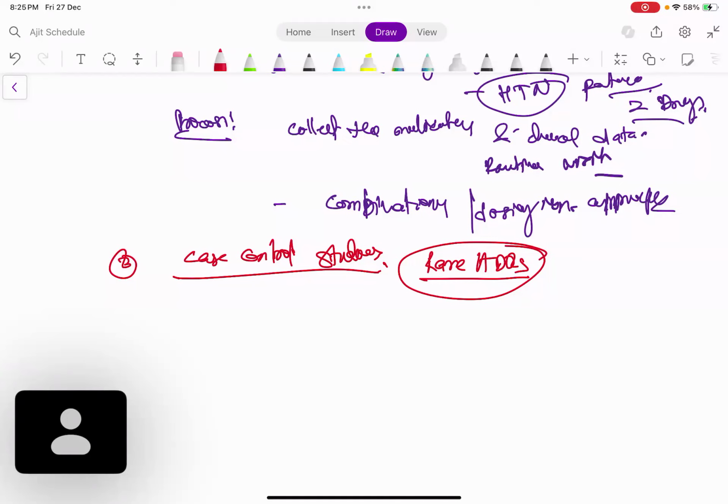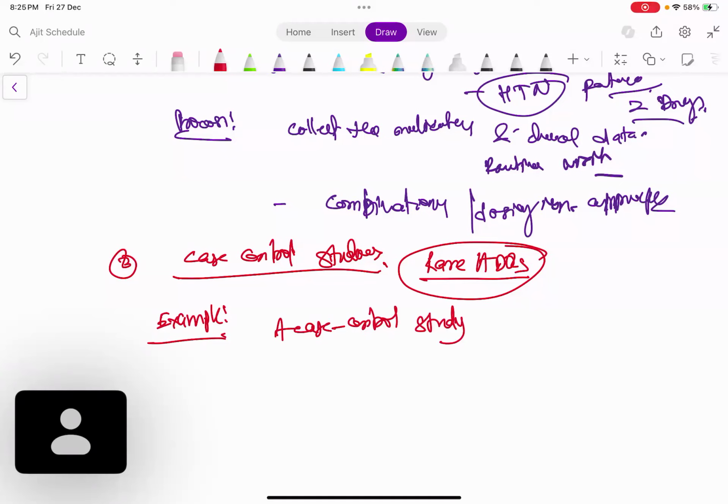Let me take an example for you guys so you can understand easily. Suppose a case control study on rare ADRs.